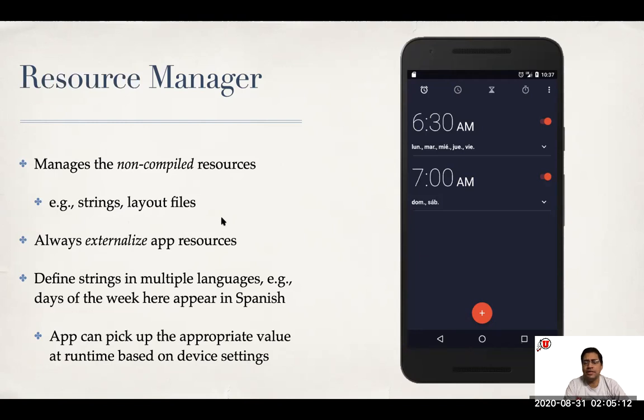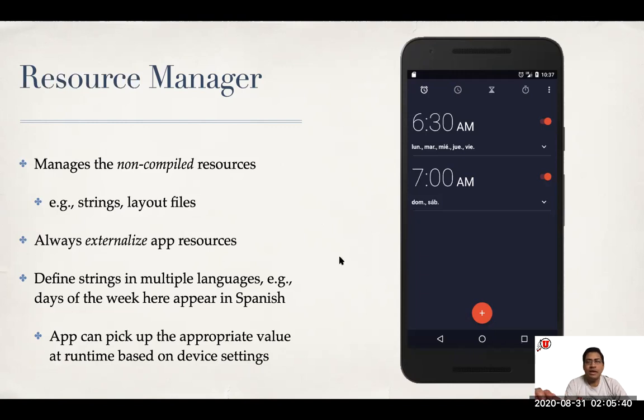Similarly, layout files, files that tell us how and where to put different UI elements, like this floating plus on this screen. That's a button, a floating button, and you get to decide where to put it. You get to decide how many alarms to show on the screen, what should happen if there are too many and you scroll, and things like that.